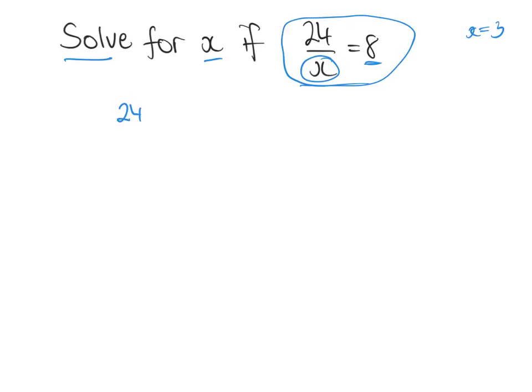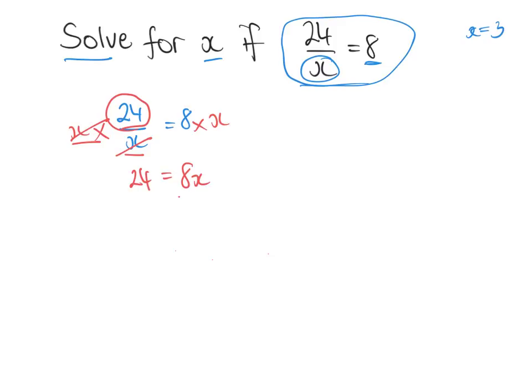So if we say 24 divided by x equals 8, what we could do is times both sides by x like this. Now, times by x, divide by x, they're opposite operations and we'll cancel out the x on this side. Now, 8 times by x is 8x and 24 is left on this side here.